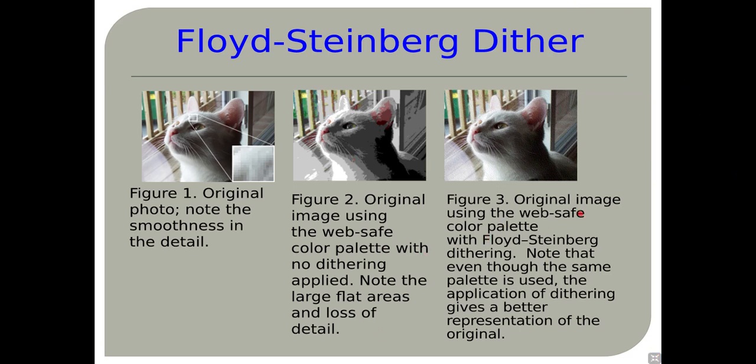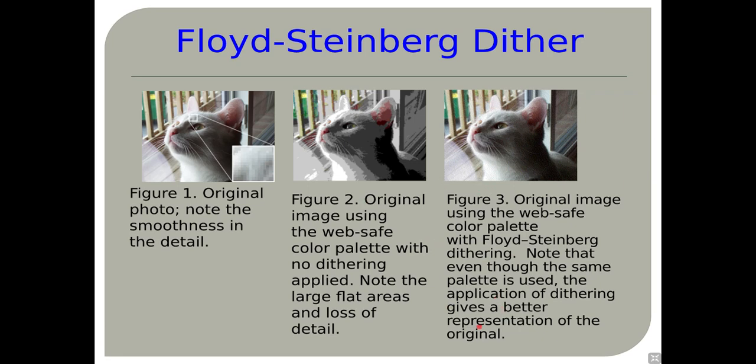Then, say you do some processing using online editing software without Floyd-Steinberg dithering. If you want to edit, you want to add the dithering effect to the image. So this one has no dithering, and this one uses the Floyd-Steinberg dithering technique.